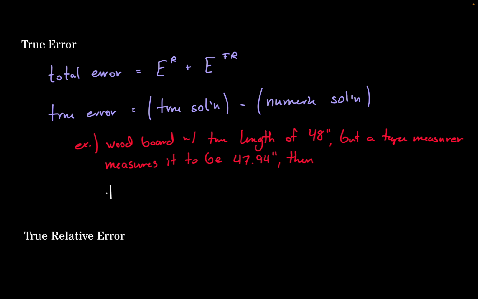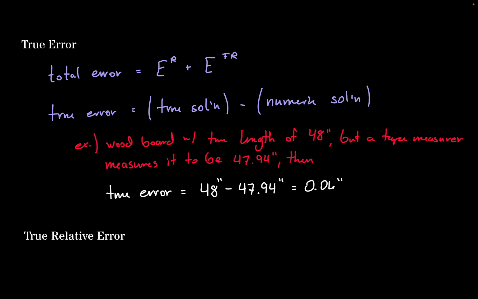Then what we'd say is our true error is going to be equal to 48 minus 47.94, which will leave us with 0.06 inches. So that's essentially our true error for this example.